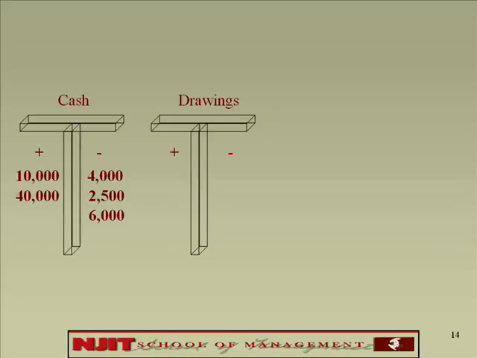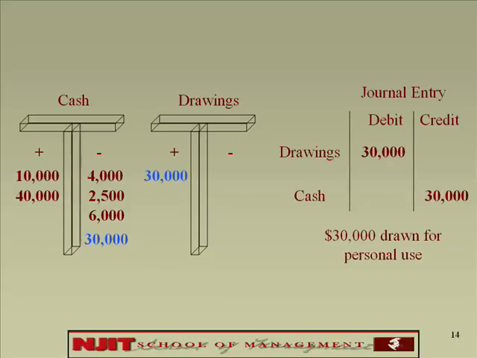So cash minus 30, drawings plus 30. And what's the journal entry? Looks like this. Have you got it? If so, let's go to the next one.